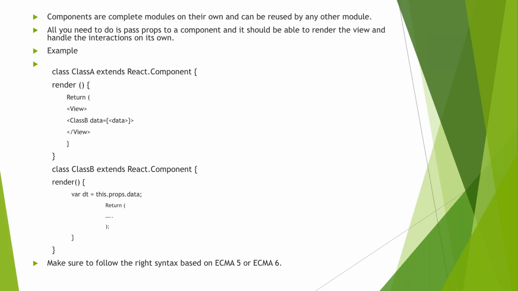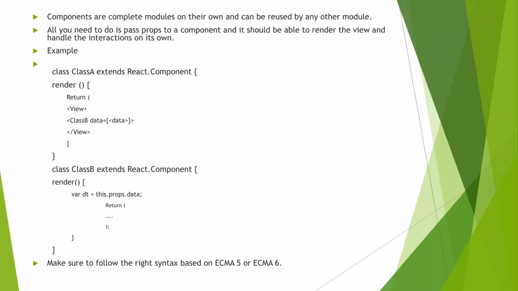Now, when it goes to class B, it uses this data by calling it as this dot props dot data. If your key, when you were calling class B from here, was myData equal to data, then in your class B, you will say this dot props dot myData. So basically, whatever key you give when you are invoking your class B is the same key that you will call when you are using your props.